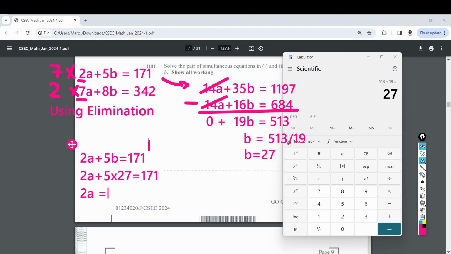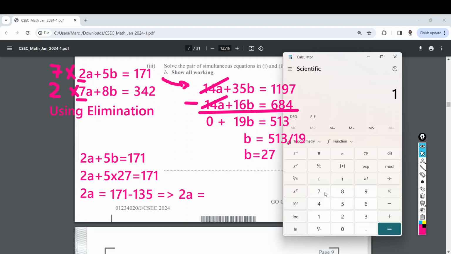So we're gonna end up with 171 minus 135, right? 5 times 27 is 135.